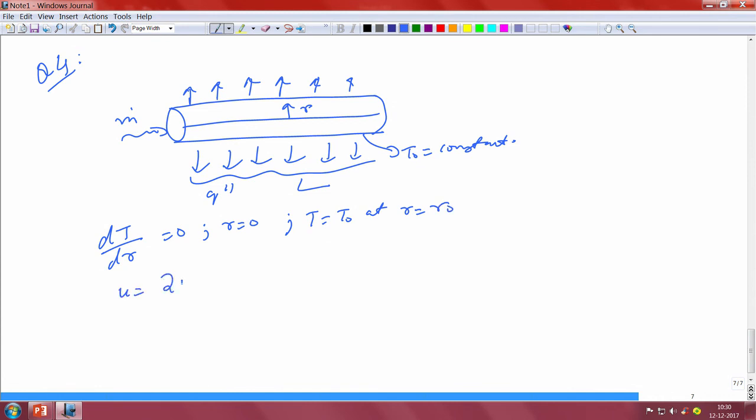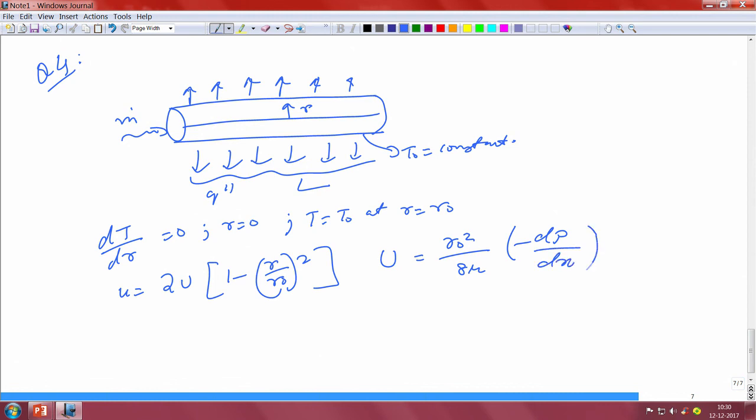u is of course equal to 2U into 1 minus (r by r naught) squared, and capital U is equal to r naught square by 8 mu divided by dp by dx. This is all given. If you solve the equation now, you will get that T minus T naught will be equal to mu U square by k into 1 minus (r by r naught) raised to the power of 4.